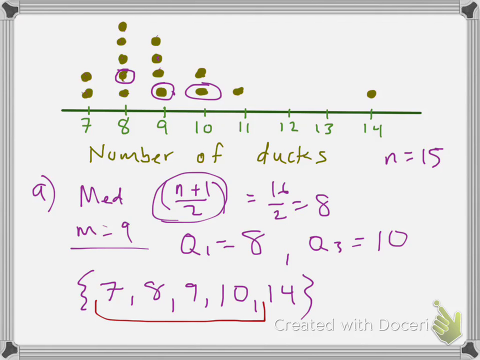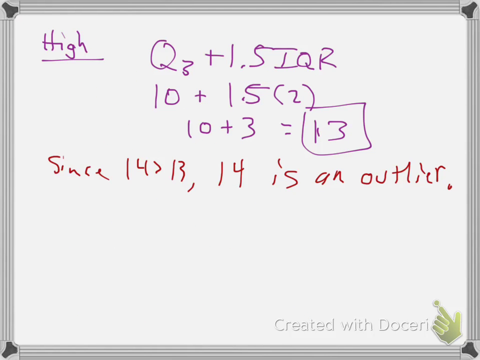Nearly all of our observations were in that range, except for the 11 and the 14. So even though 14 is just 3 extra ducks more than the other top duck counting day, it's far enough because there wasn't a lot of spread in our observations. So 14 is a high outlier.